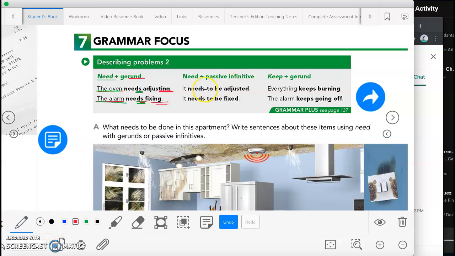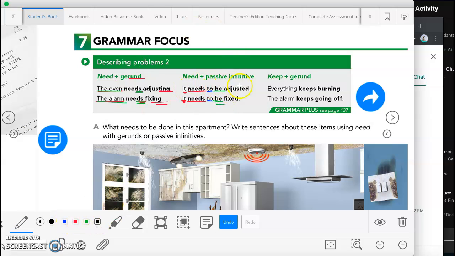In this case, we are using again our verb needs because we are saying it. And then we are using to, it needs to, they need to, and the base form of the verb to be, it needs to be.